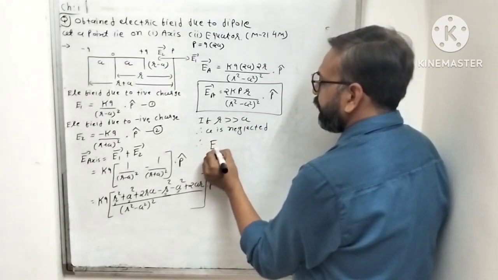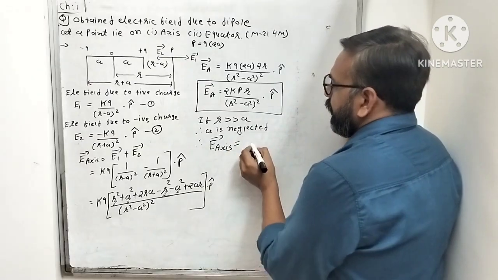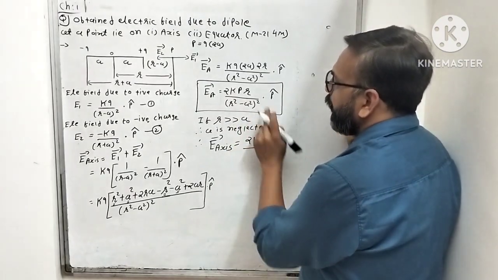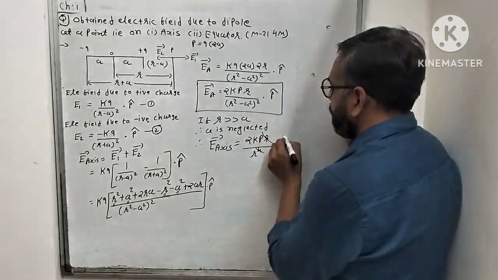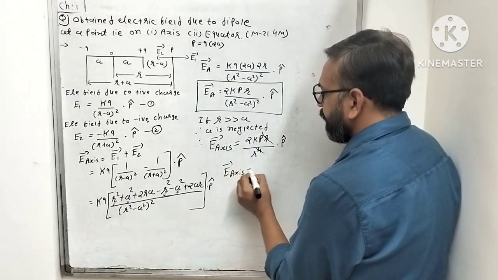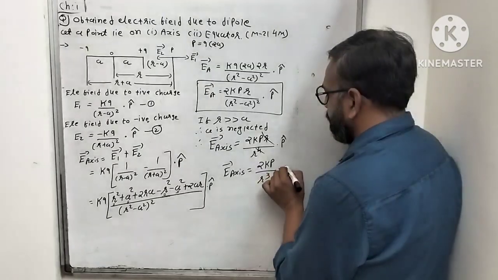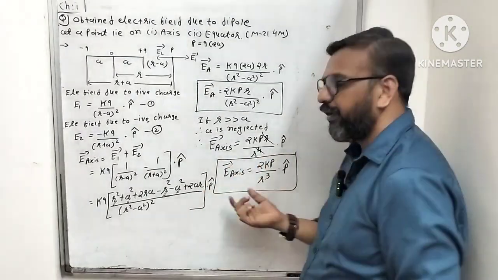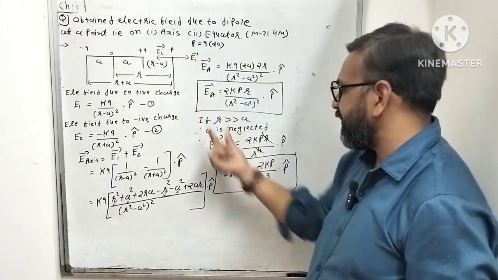Therefore 2 KPR, 2 twos are 4, cancel. So finally we get 2KP upon R cube into P caret. So this is the electric field due to a dipole at a point lying on the axis.